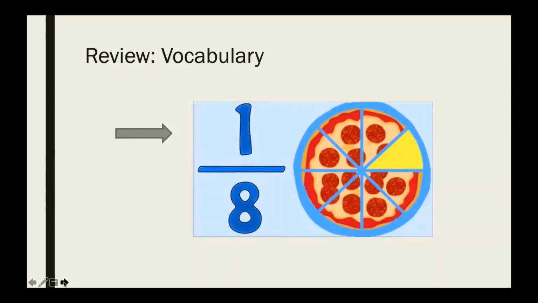You will see next to the pizza a fraction. Remember, a fraction consists of two numbers, one on top and one at the bottom. Look at the arrow. Do you still remember what the top number is known as?